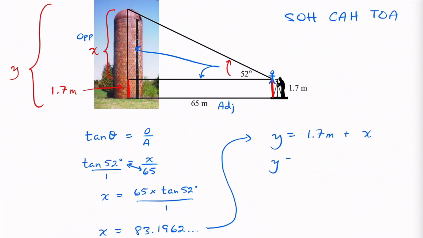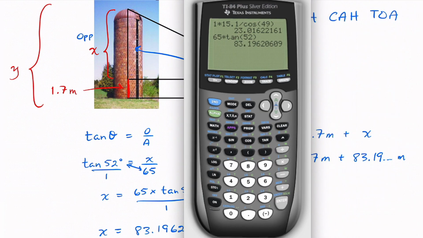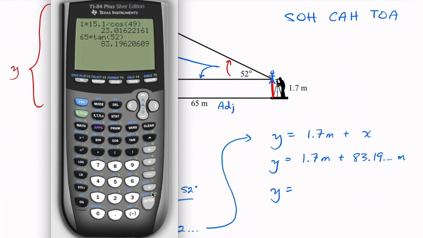So I now know what x is, so it's 1.7 meters plus that 83.19 number. Okay, and then we'll use our calculator, and I'll take that number I just had, and I can go plus 1.7, click equals, and I get 84.8962.